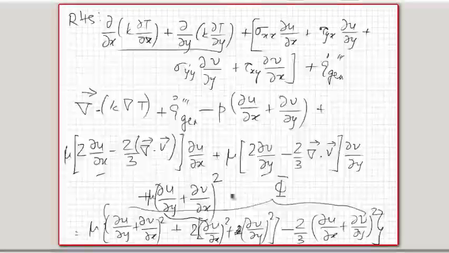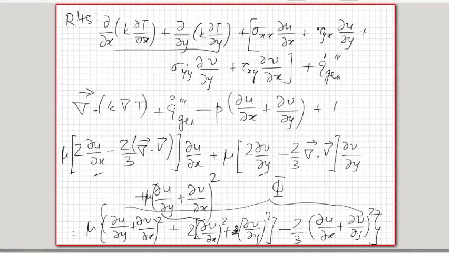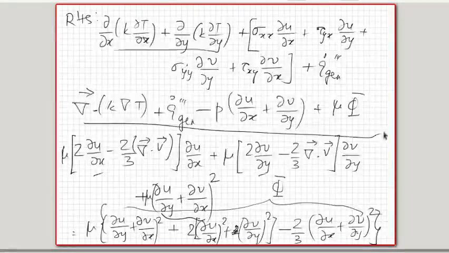So you get a mu phi, which is going to come to this one. So you can replace this by mu phi in this equation. So all that is below gets gathered under mu phi. So this is your right hand side of the energy equation.